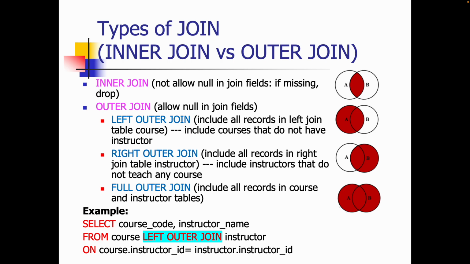Now, because you use right join, we want everything from the instructor table, even if the corresponding value in the course table is null. So in the context of this example, it means returning all the instructors, even if, let's say, that professor is research stream and doesn't teach any courses this semester.